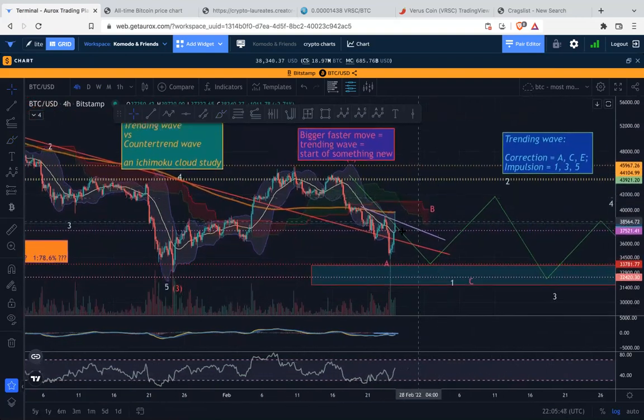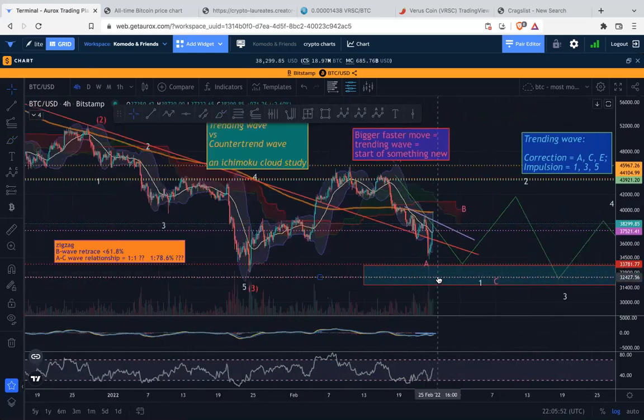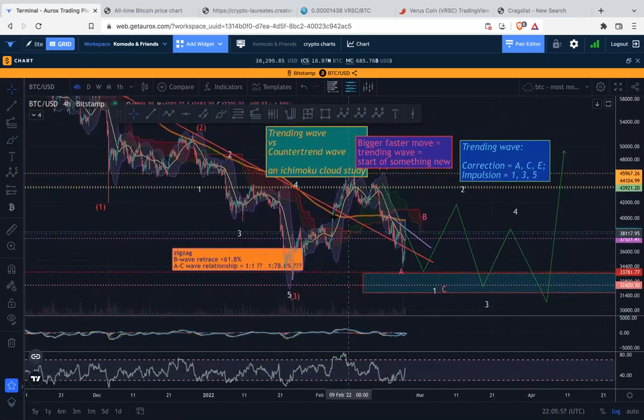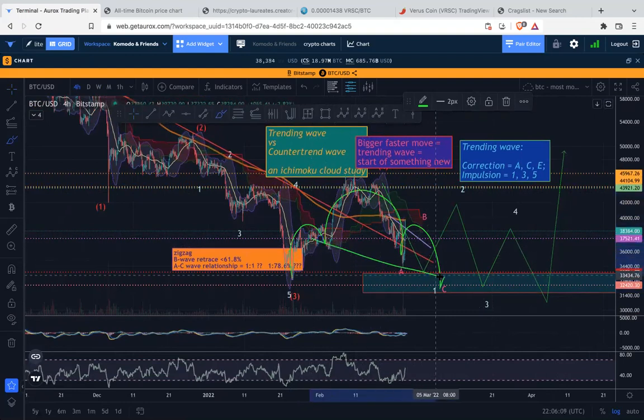Get some sort of chop around here, come down towards these levels like we had seen, and maybe even lower. And maybe you start going like something like this, and you have your neckline like that.